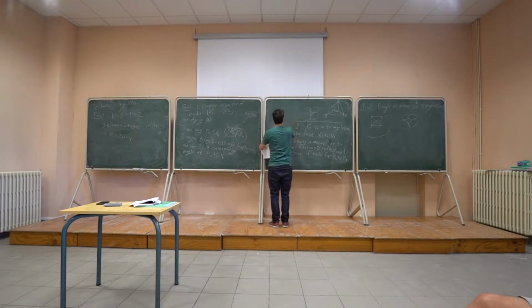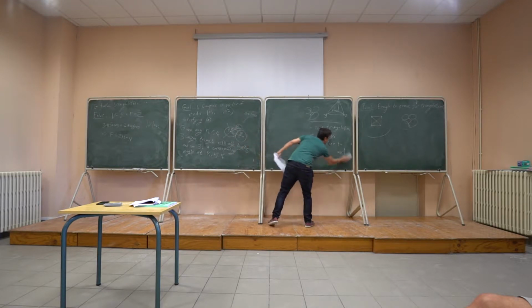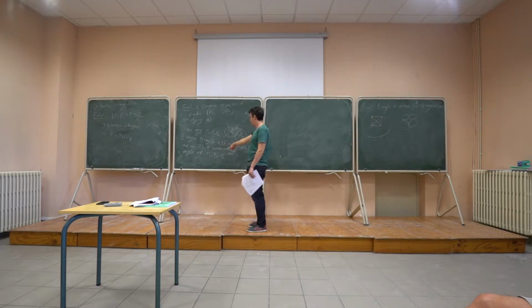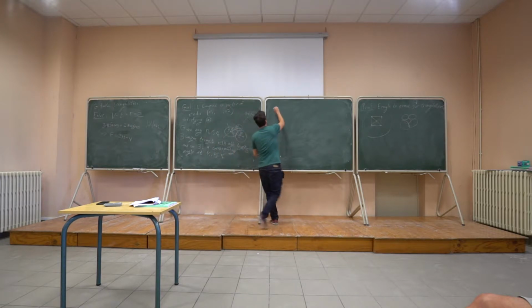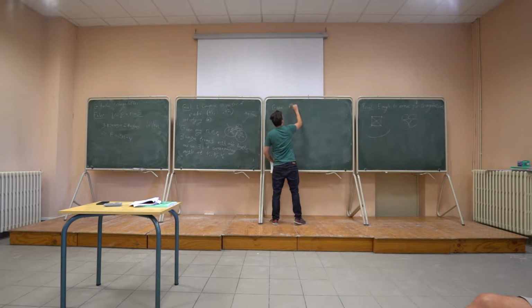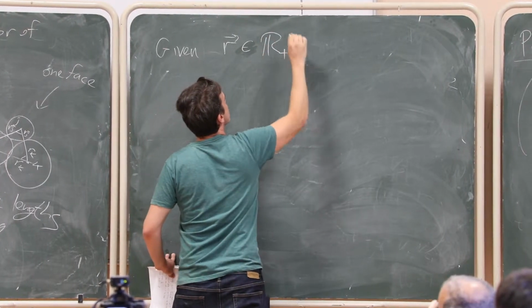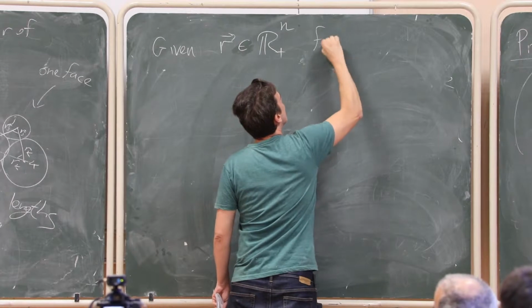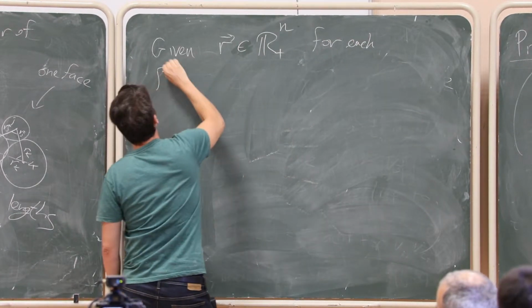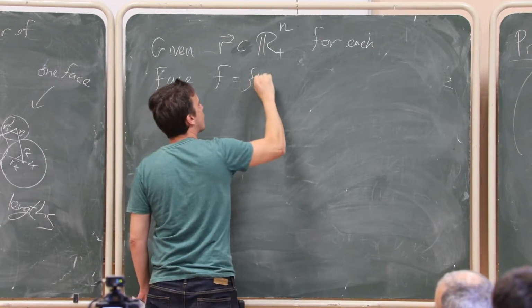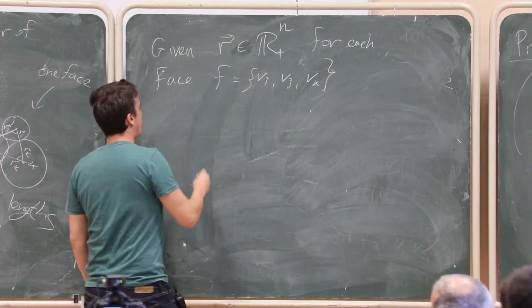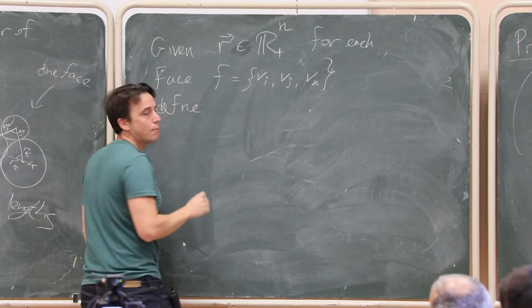So let's say what should be satisfied. If I have three vertices i, j, k that correspond to a face, and given r in the positive real numbers, for each face f, which I think about as three vertices vi, vj, vk, define the sum of angles.